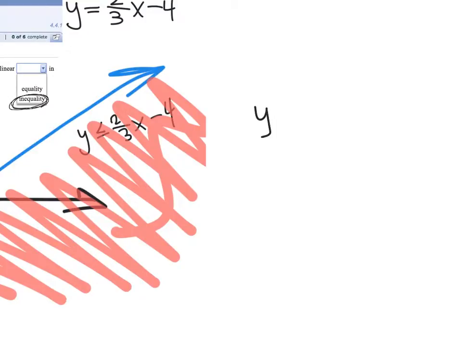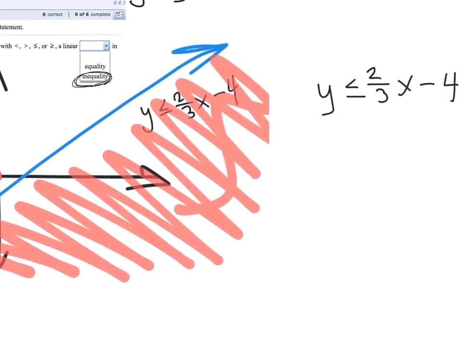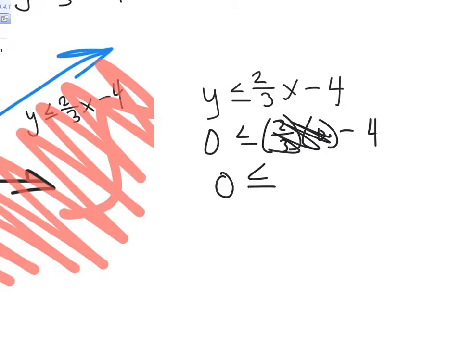So it was y is less than or equal to 2/3 x minus 4. And I want to use this point as my test point, is what we call it, our test point. And I'm going to plug in 0, 0. So I end up with 0 is less than or equal to 2/3 times 0 minus 4. And so this ends up being 0. So I end up with 0 is less than or equal to -4.